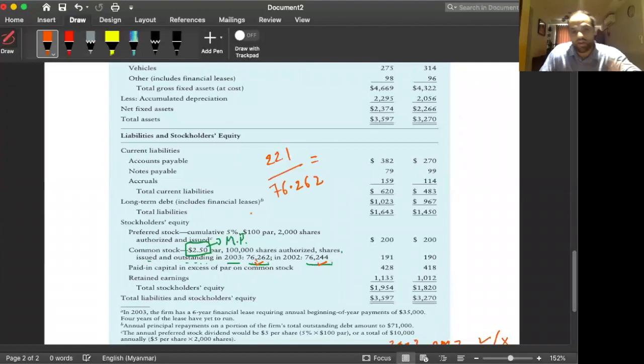So you don't have to convert it. Be careful about it. All right. Is it okay with everybody? Did you understand earning per share? Everybody understand earning per share? Say something, yes or no?